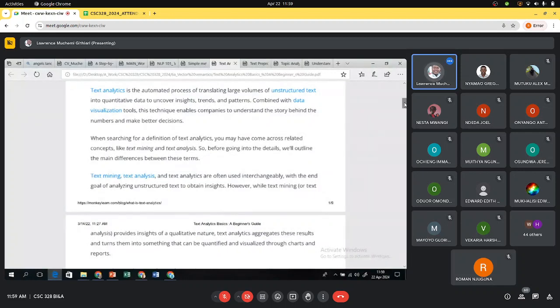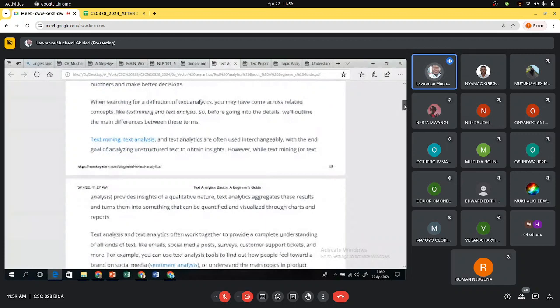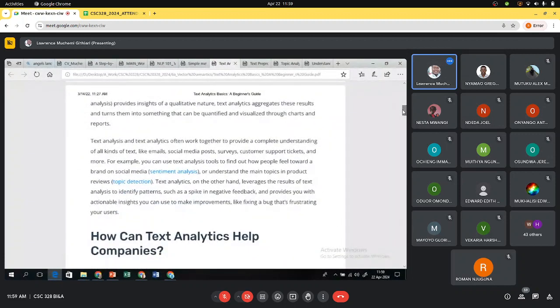So text mining, text analysis, and text analytics, they are sometimes used interchangeably with the end goal of analyzing unstructured text to obtain insights. However, while text mining or text analysis provides insights of a qualitative nature, let me scroll back so that you can see this.